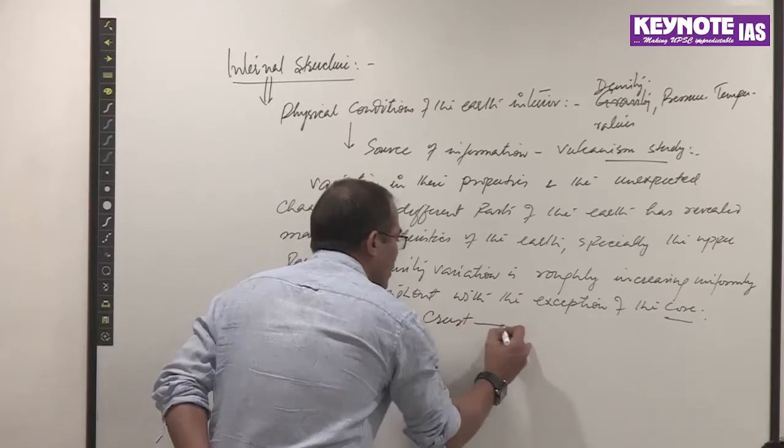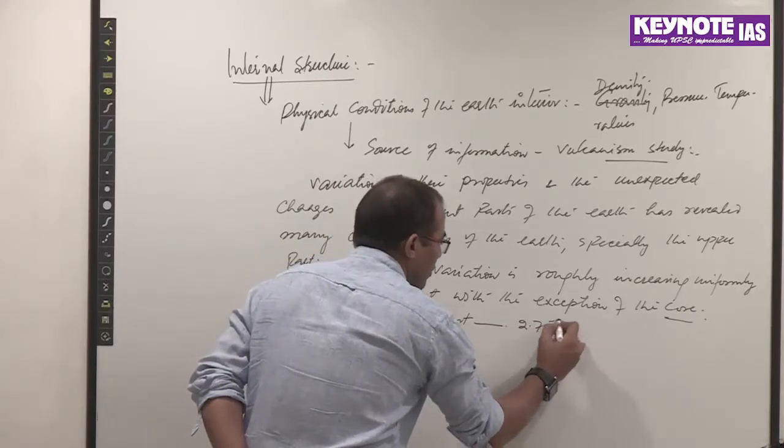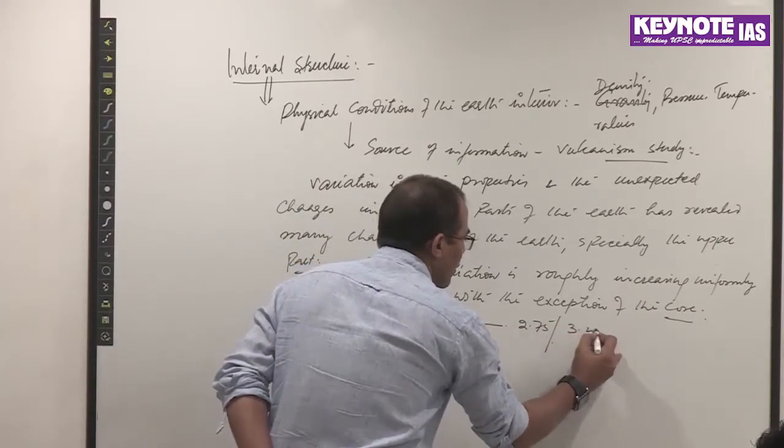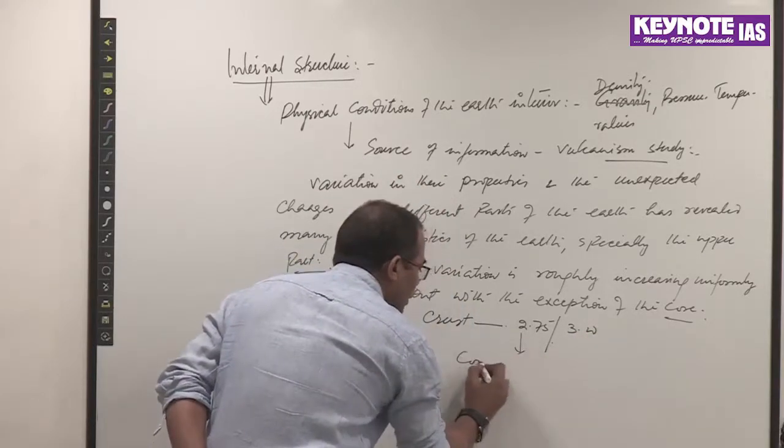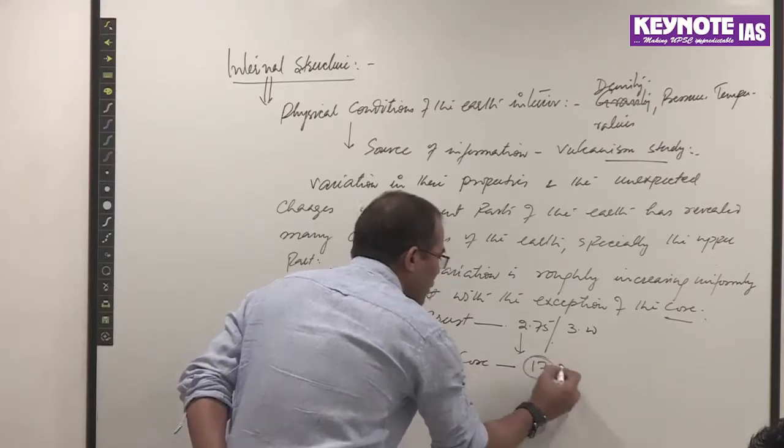The crustal part has 2.75 to 3. Then it goes on increasing in the core to 17.